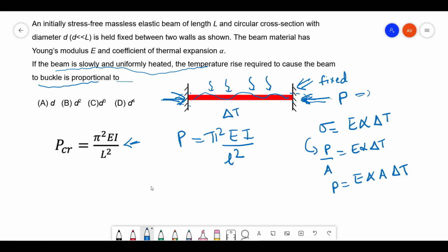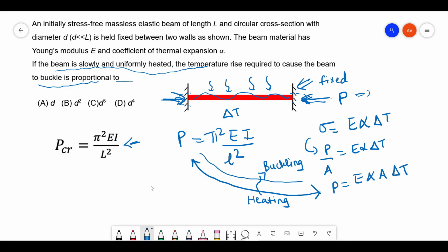These two loads are the same because due to the heating the buckling is happening. Heating is causing the buckling, therefore both are part of the same phenomenon. So you can equate these two loads.